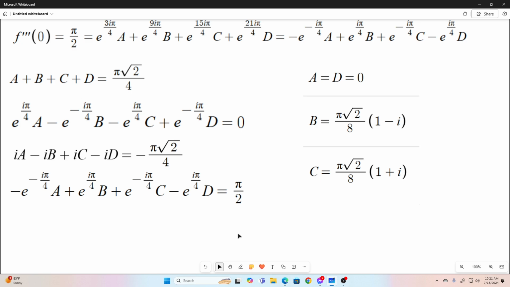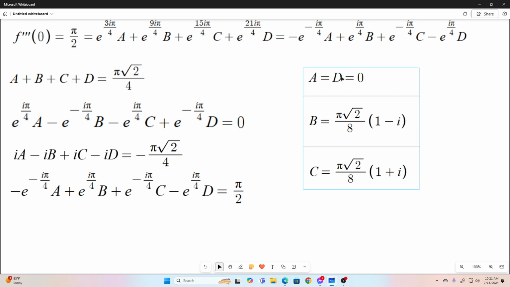You can brute force it by combining equations, like we could combine this with this, and this, each and every time forcing out one variable, and keep doing that over and over until we whittled it down to these values right here. You can be clever and match real and imaginary parts, and there are other tricks you can do. But whatever method you use, this is what you'll get.